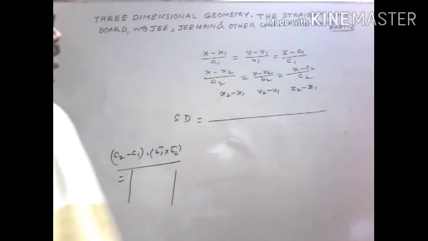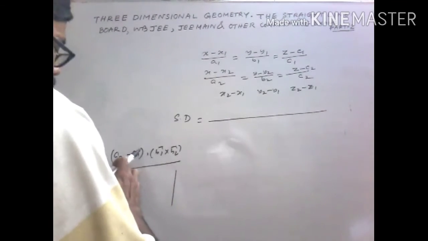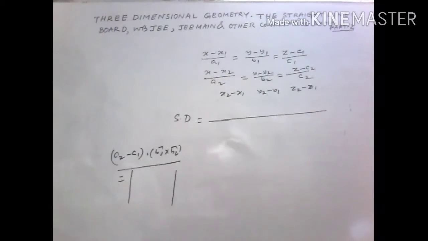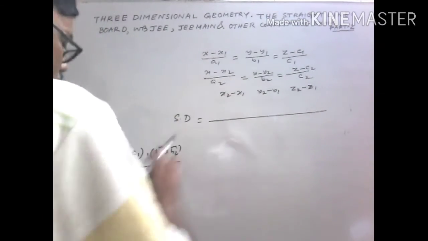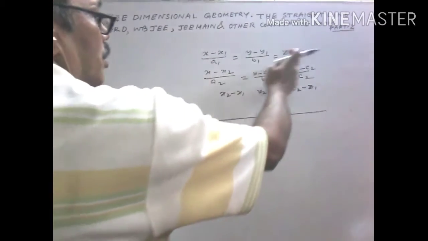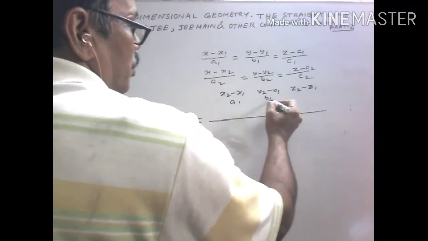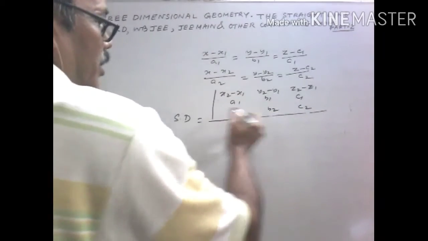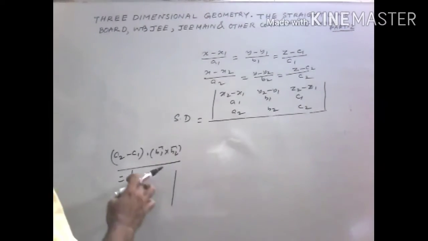So this is a scalar triple product. This means a determinant. So the determinant: x2 − x1, y2 − y1, z2 − z1. Now what is b1? b1 is the direction ratios a1, b1, c1, and this is a2, b2, c2. Then its determinant divided by |b1 × b2|.